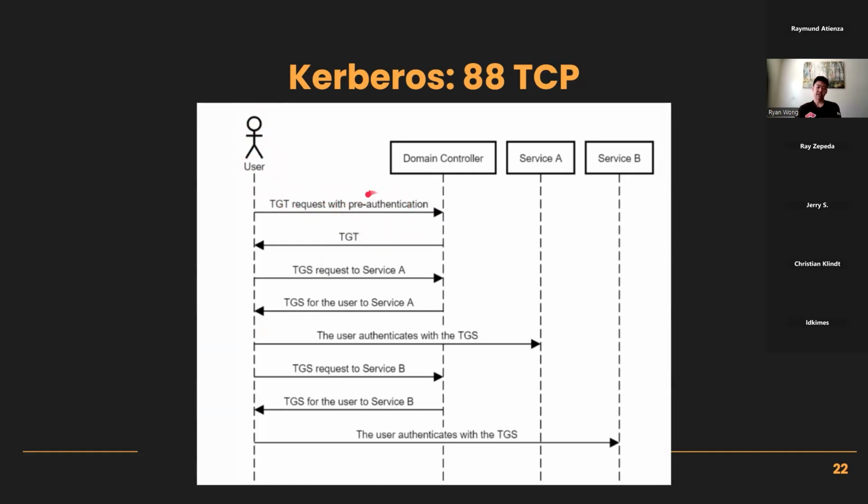Once you send a pre-authentication, you request a TGT from the domain controller. You get a TGT back, which is a ticket granting ticket, and then you use that TGT to request a TGS, or ticket granting service ticket. Because you have a valid TGT and you're allowed to access service A, presumably, you get a TGS for service A, and then you can authenticate to service A using that TGS. Same concept applies for service B.